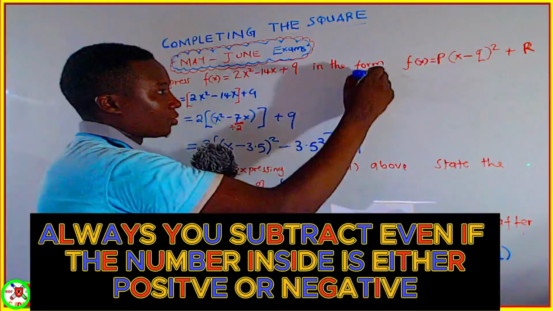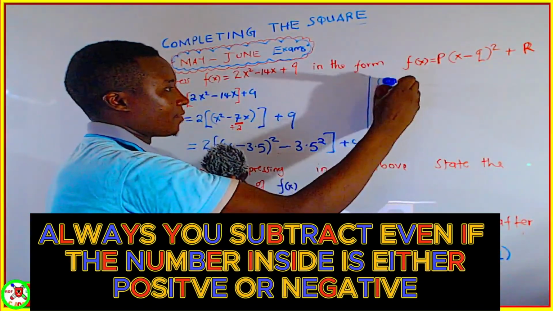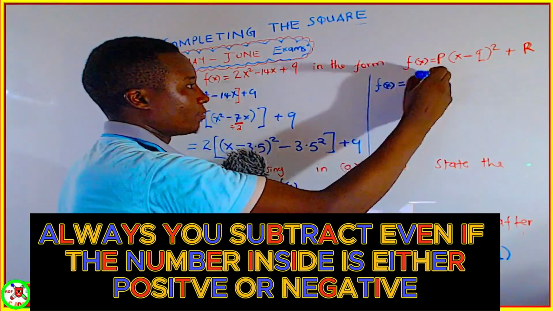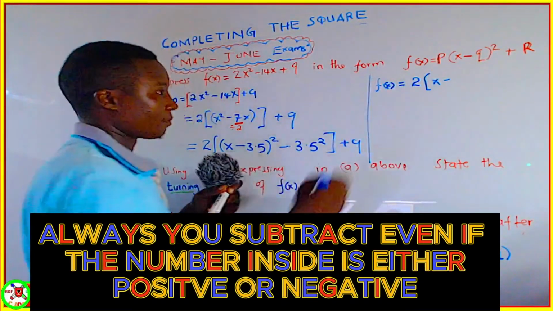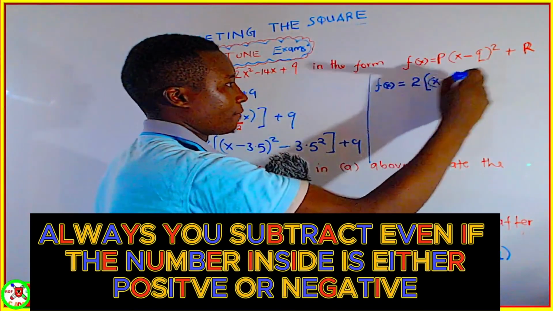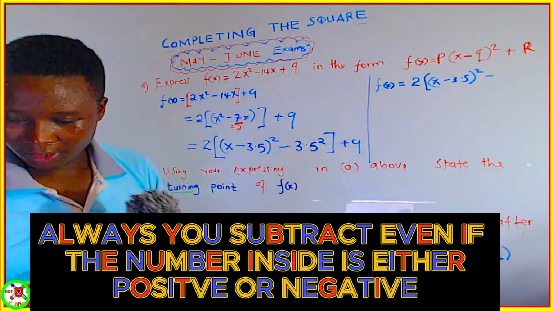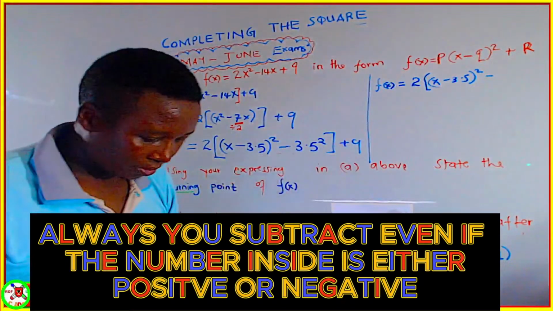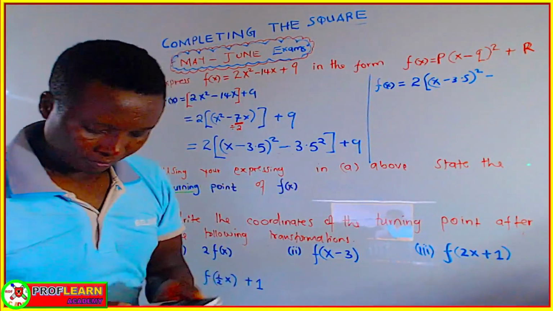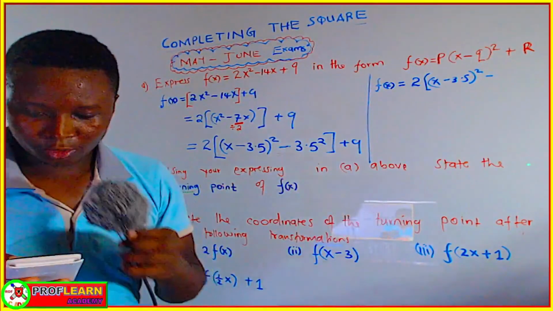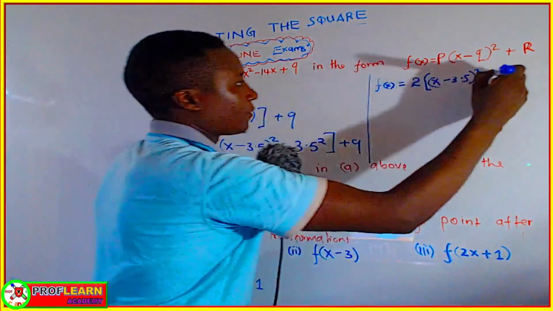If you work this out, you're going to get f of x is going to be 2 into bracket x minus 3.5 squared minus, if we work out 3.5 squared, we are going to get 12.25.